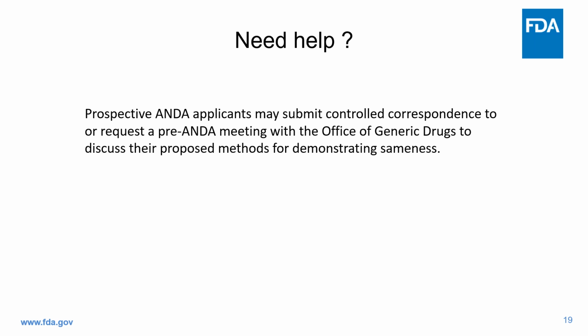The controlled correspondence is appropriate if an applicant has a specific and targeted inquiry about the generic drug development. A pre-ANDA meeting is appropriate for seeking a dialogue with the agency on a particular matter that would fall out of the scope of controlled correspondence.